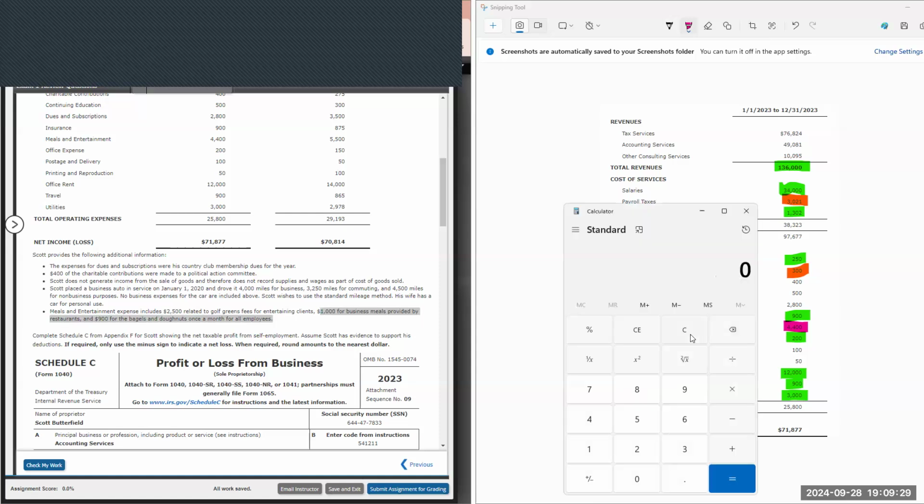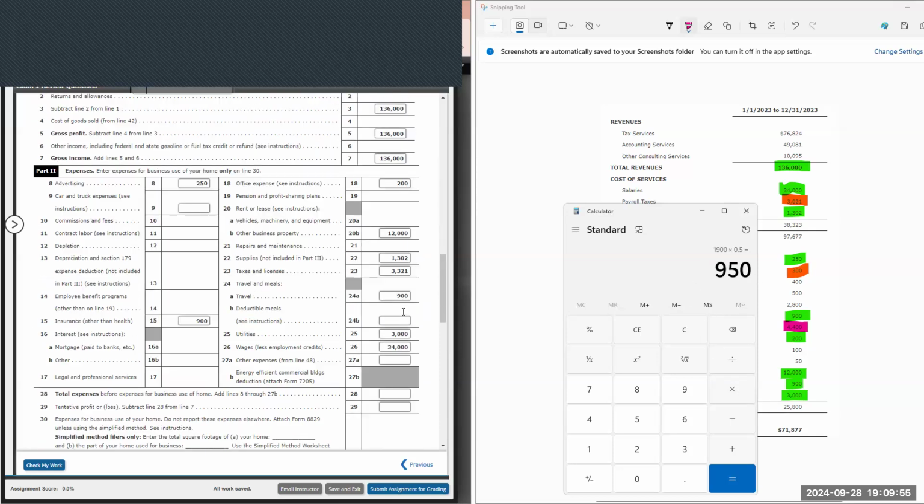We can do it two ways. We can do 1,000 plus 900, which gives us 1,900, or we can take the total amount reported on the income statement, 4,400, and subtract the amount that is not deductible for entertainment. So 4,400 minus 2,500 gives us the same 1,900. And we know that meals are subject to 50%. So therefore, the deductible meals would be $950.